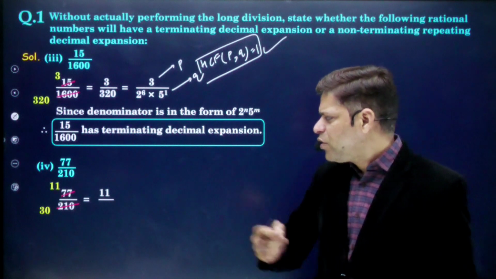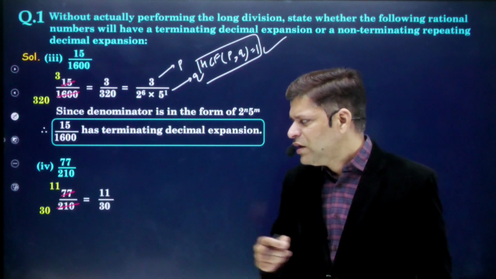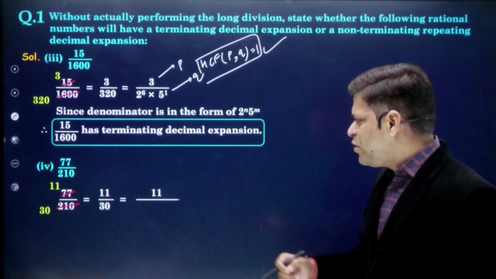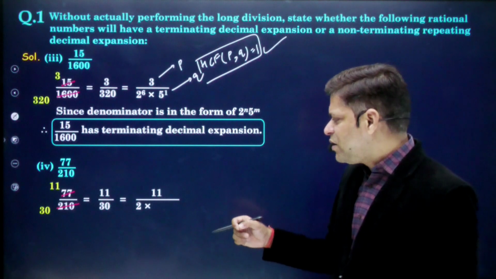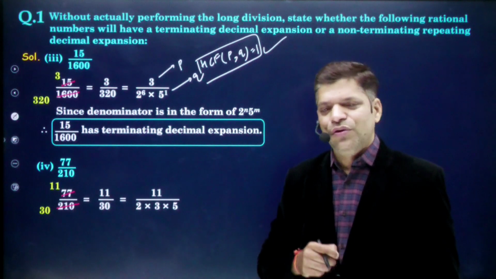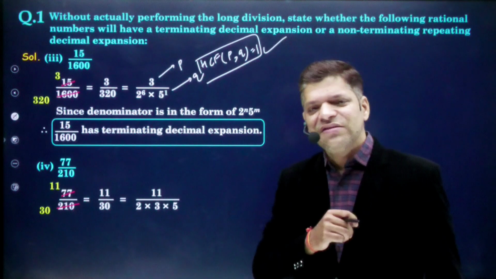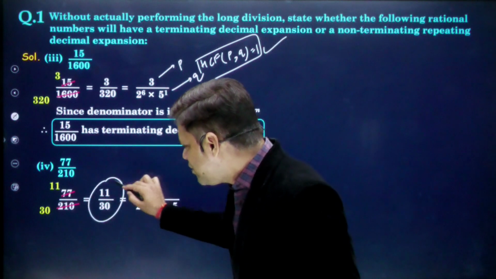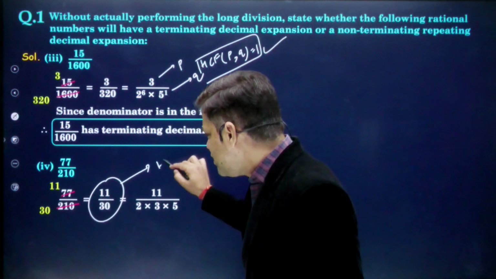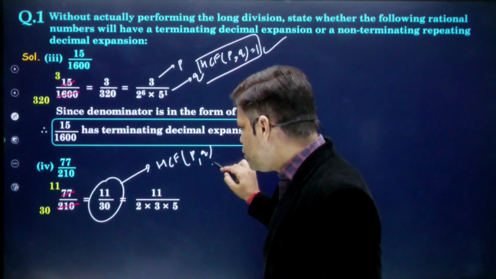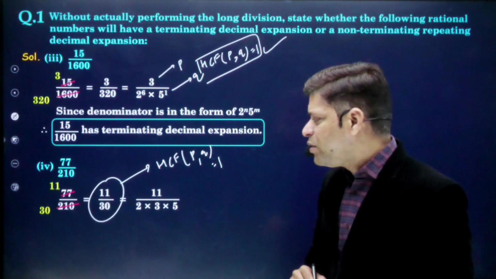Okay, so next, the fourth part, 77 upon 210. When we solve it, we divide both by 7 and convert it into 11 over 30. 11 over 30 can be written with the denominator as 2 into 3 into 5. So here we can see that p by q satisfies the first condition, that they are co-prime, that is, HCF of p and q is equal to 1.